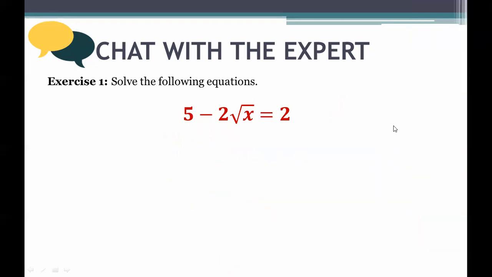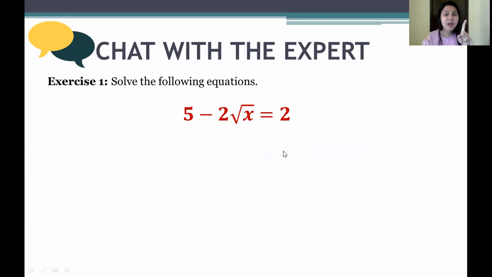Okay, let's now go to the third one. Remember step number 1. A radical on one side and the rest you transfer it to the other side. So with that one, we transfer 5 to the other side since it's not a radical sign.